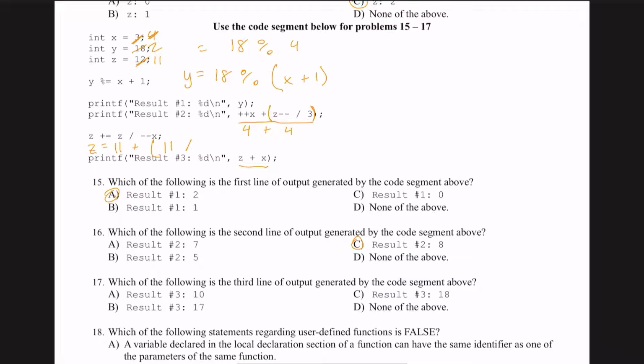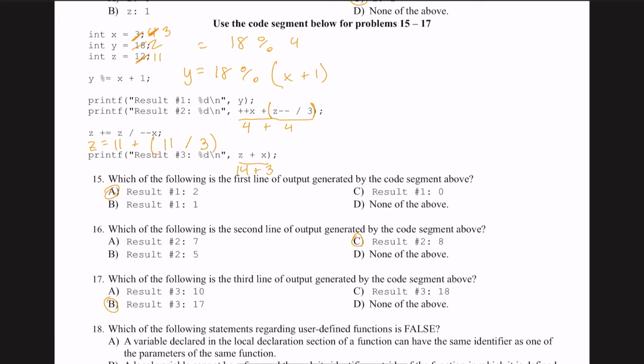We're going to make the change to x first and use that new value in our equation. 11 divided by 3 is integer division, so the result is going to be 3. We don't care about the decimal. 11 plus 3 is 14. Therefore, our answer is 14 plus x is 3. Our answer is B, 17.